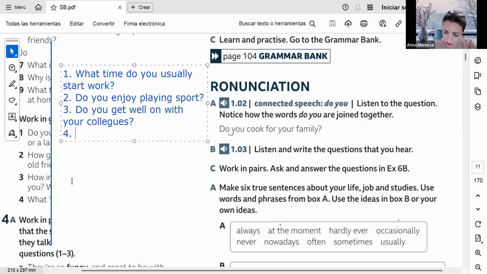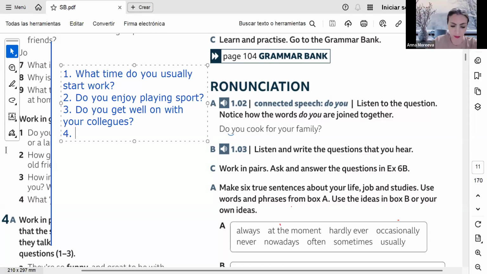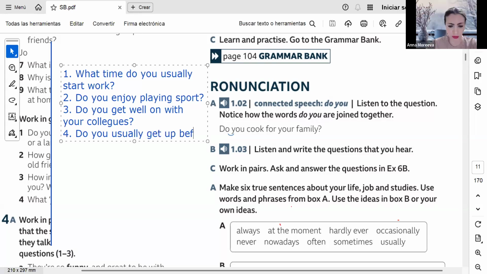Number 4. Do you usually get up before 7 a.m.? Okay, very good. Do you usually get up before 7 a.m.? And number 5.